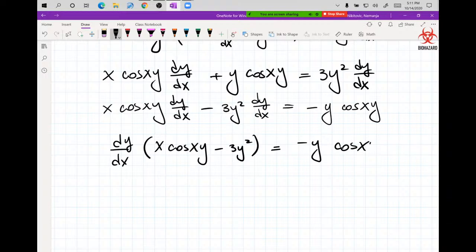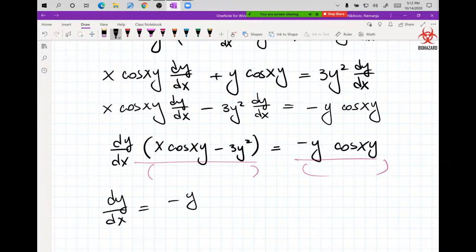And all I need to do is to divide by this to get rid of it. So divide both sides by this parenthesis. And what you get is dy dx is equal to negative y cosine xy divided by x cosine xy minus 3y squared.